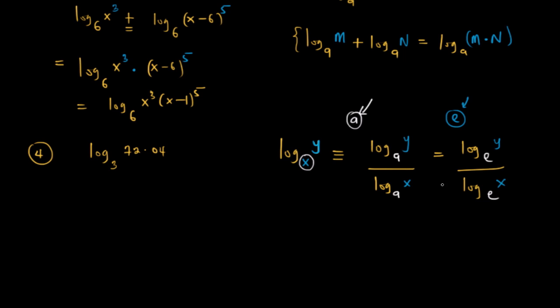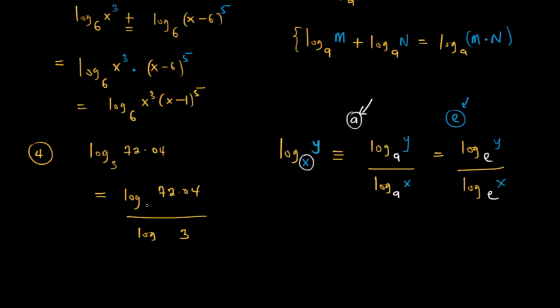So I'm going to apply this to the new number here. What I have here is log to the base 3 of 72.04. So this becomes log of 72.04 divided by log of 3. The new base that I'm going to introduce here is e.